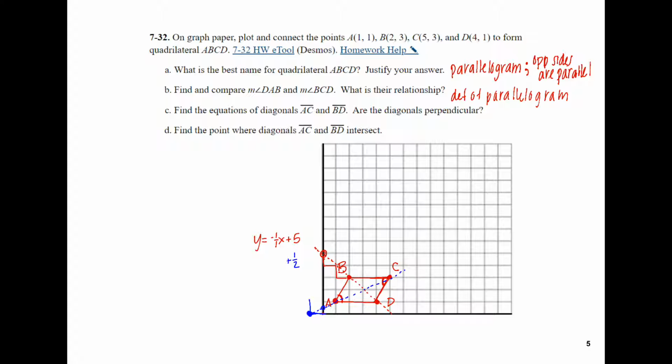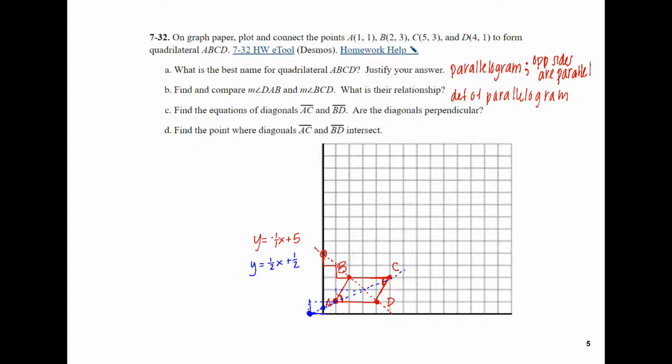And then we can see that if we drew a slope triangle, we would go up 1 over 2. So we rise 1 over 2x for our slope. And we just wrote our equation of our line.